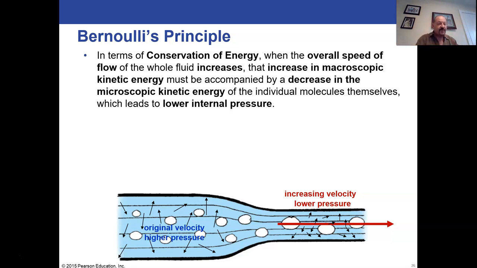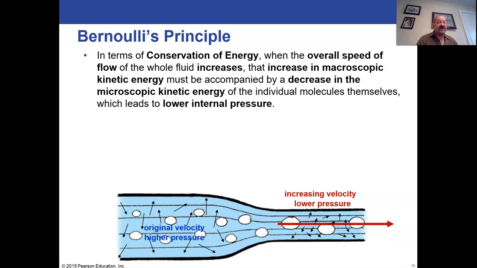But that's not Bernoulli's principle. Bernoulli's principle says the pressure will go down, the internal pressure. So why is that? Well, the energy before that constriction happened on the left is due to the slow flow through the big tubing and the high speeds of all the little molecules bouncing around. So when you flow to the smaller tube, the whole volume is moving faster.